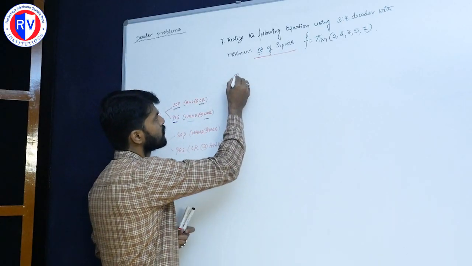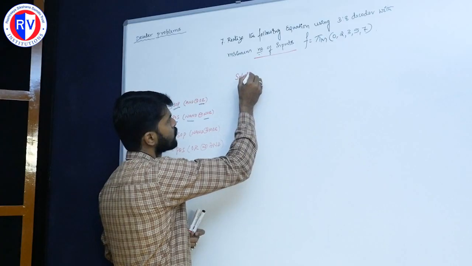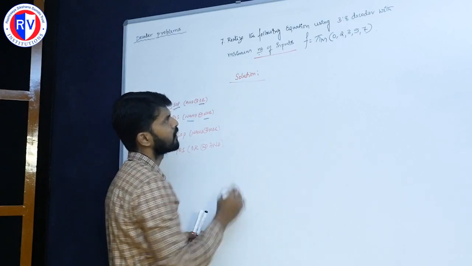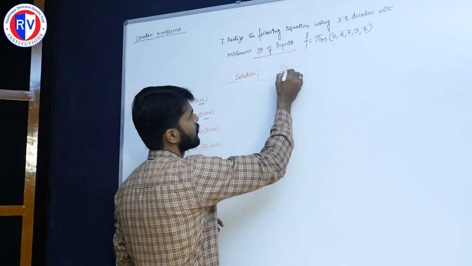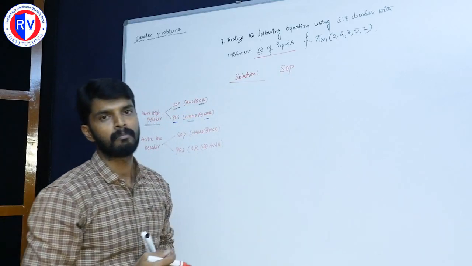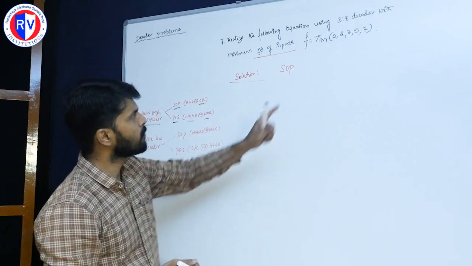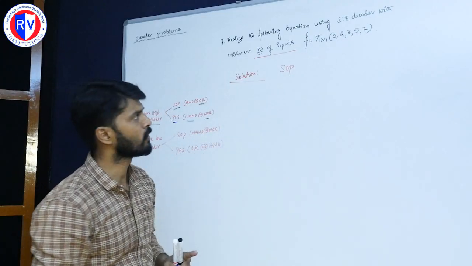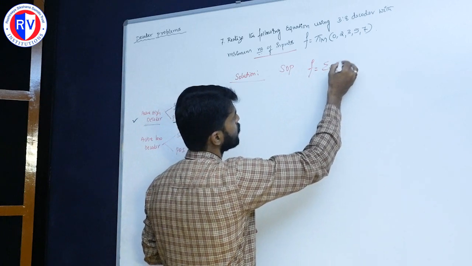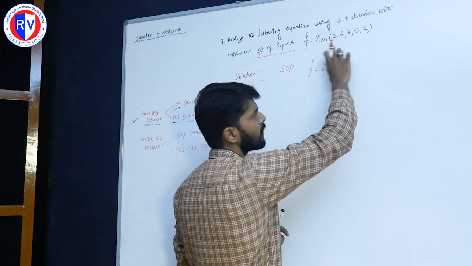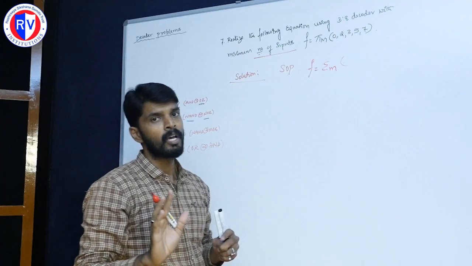So the solution is, if I realize the same thing with the help of SOP, there may be a chance of getting a smaller number of inputs. So if I convert the same equation into SOP form, then f is equal to summation of m. Whichever terms are not there here come into the SOP.